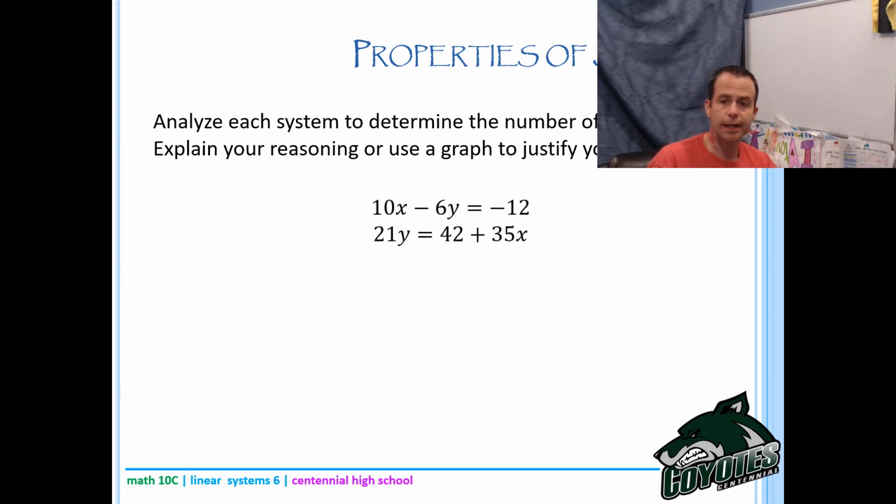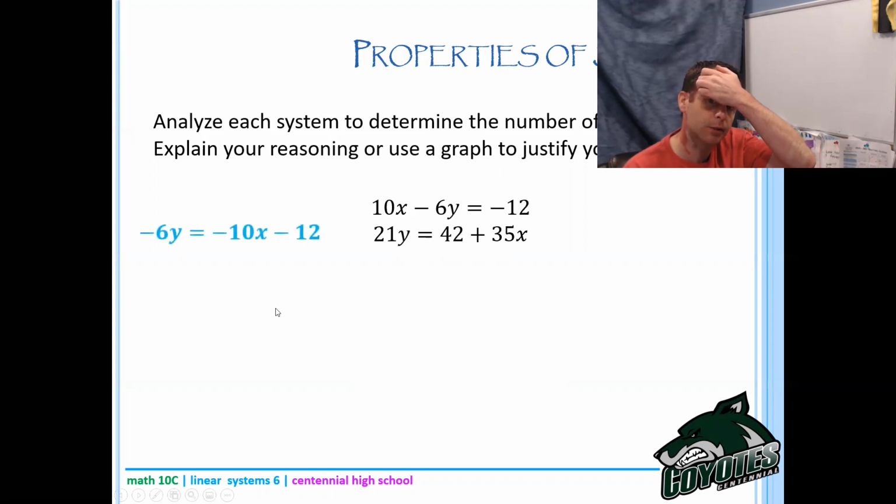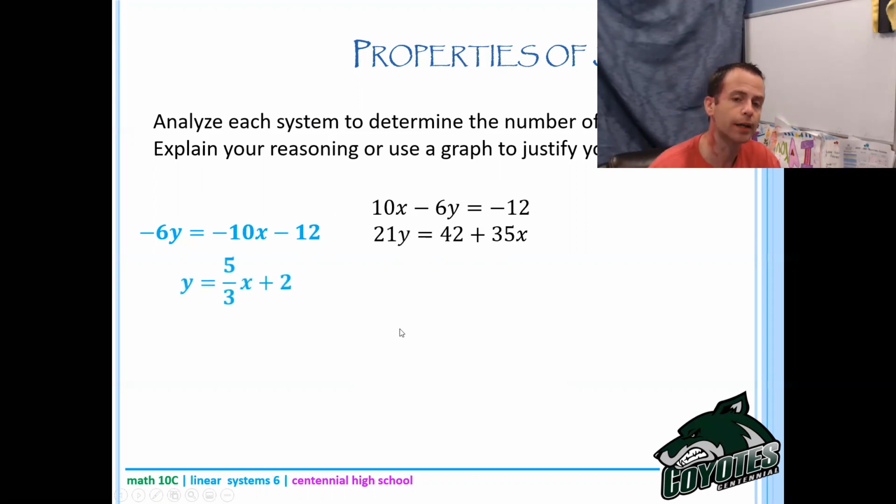All right, this guy, you're going to have to do a little bit of work to rearrange it so it says y equals mx plus b. So for the top one, I'm going to bring that negative 6 over here and the negative 12 over here. So that's going to give me 6y equals 10x plus 12. Sorry, I did it the other way, but that's the same thing. It's just all mine are negative right now. Divide by negative 6, you'll end up with the same answer. y equals 5 over 3x plus 2.